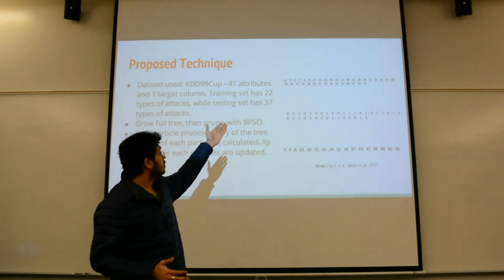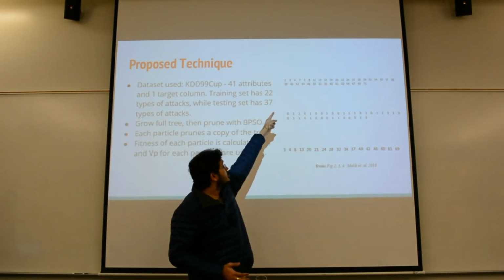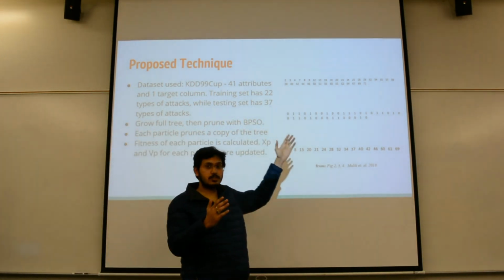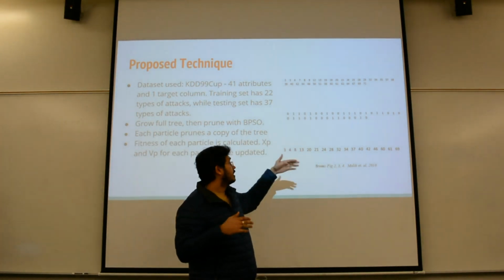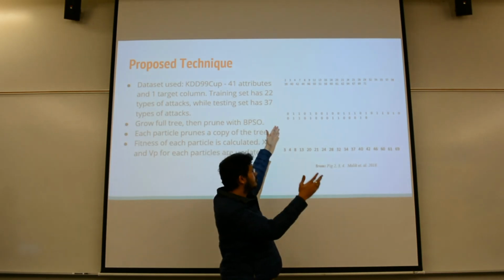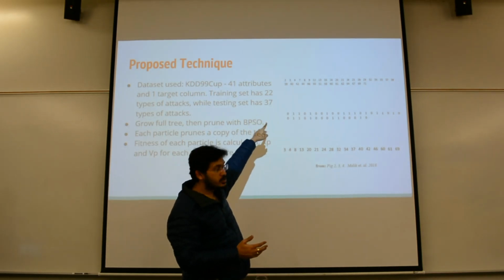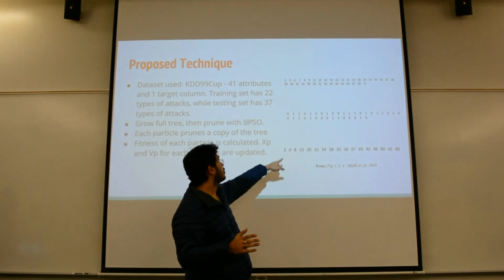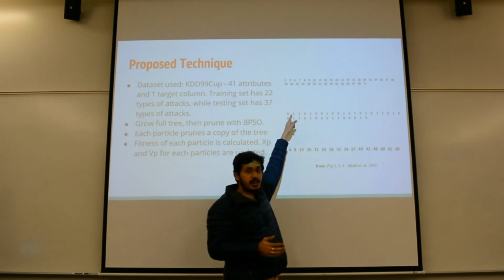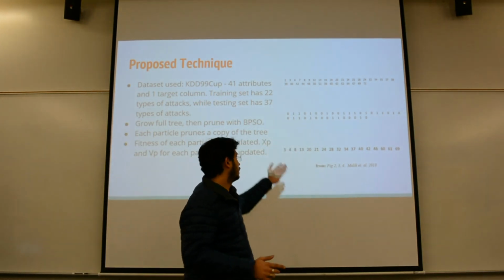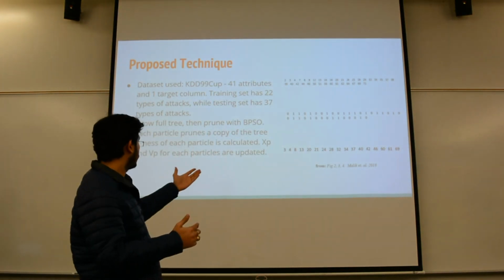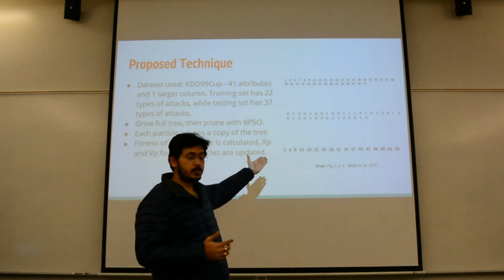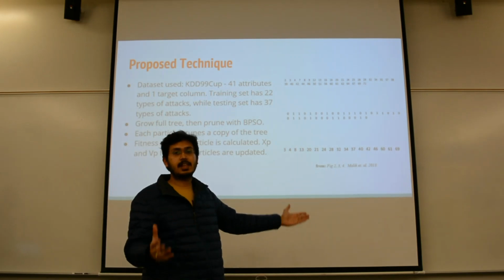The image at the top is the list of branch nodes, and we generate a particle of the same length. Only those nodes in the original tree are kept for which the corresponding value in the particle is 1. This is the pruned tree. Based on this pruned tree, a fitness value is calculated.